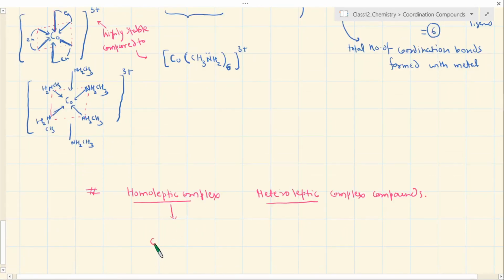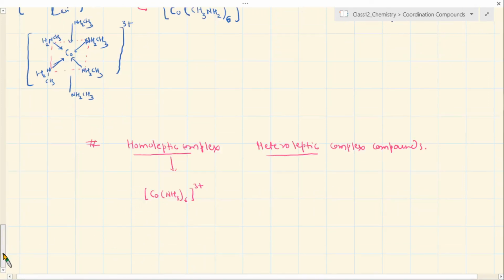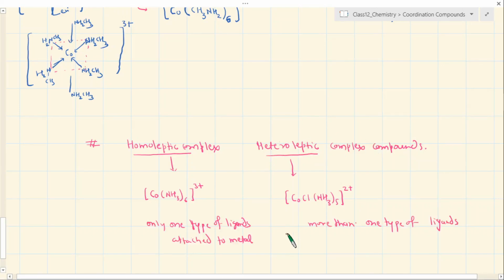All the coordination compounds where you have only one type of ligand attaching to the metal, for example cobalt ammonia 6 3 plus, only one type of ligand, are referred to as homoleptic. And if you have more than one type of ligand attaching to the metal, for example, CoCl(NH3)5, whose valency will be 2 plus, this is a heteroleptic complex, because more than one type of ligand means it is called heteroleptic. So this is the basic difference.